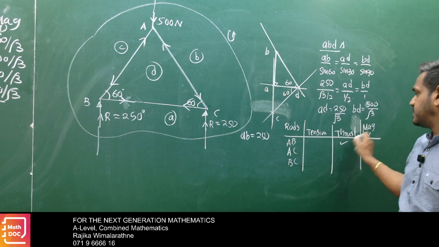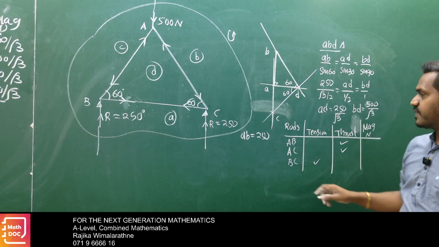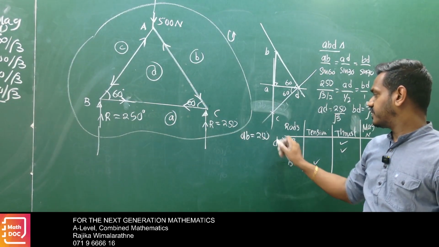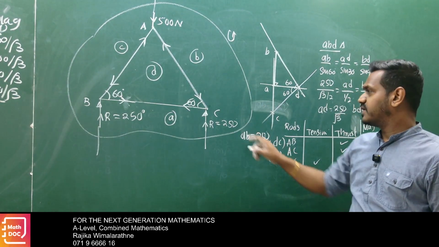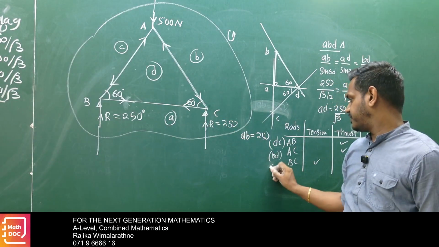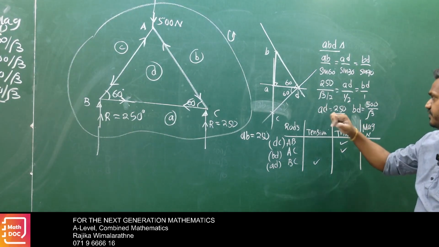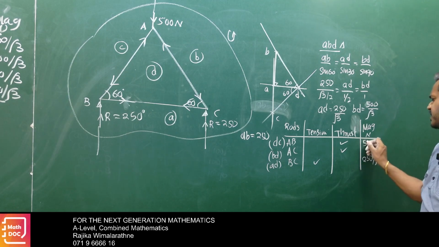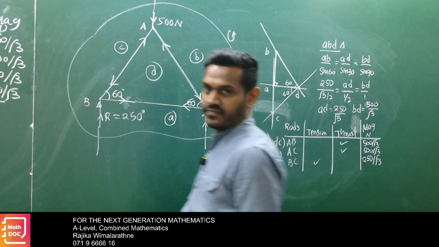AB rod truss, AC rod truss, BC rod tension. AB represented by DC, AC represented by BD, BC represented by AD. Then AD 250 over root 3, here 500 over root 3, 500 over root 3. Complete it.